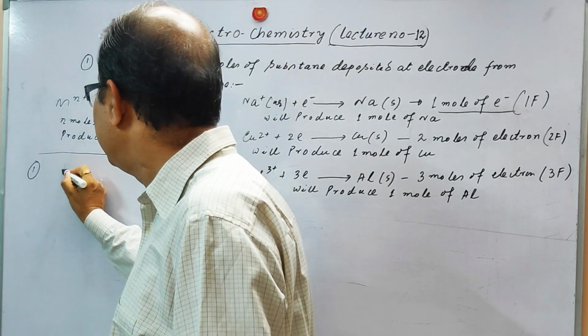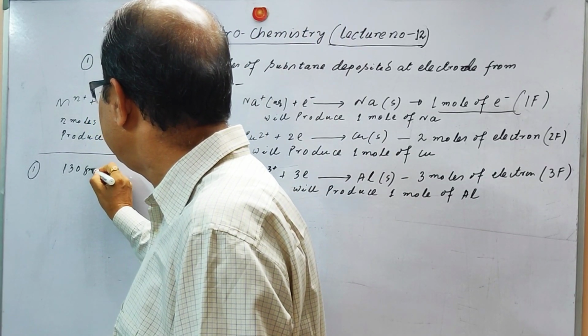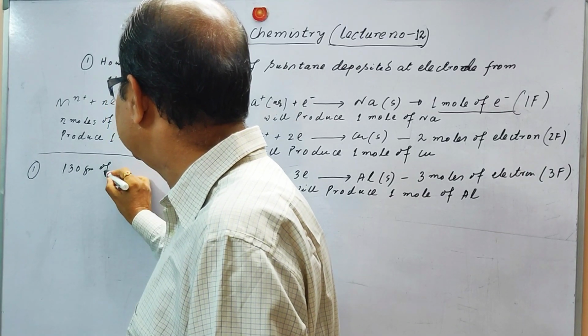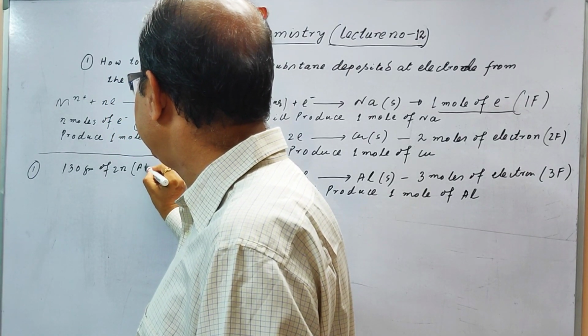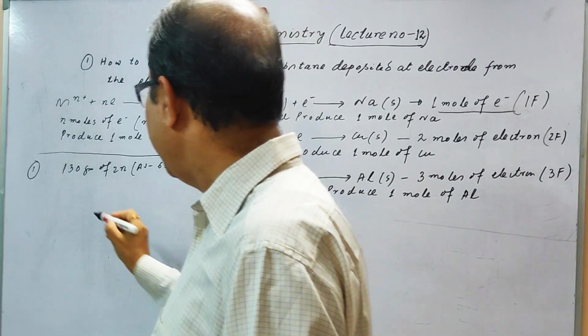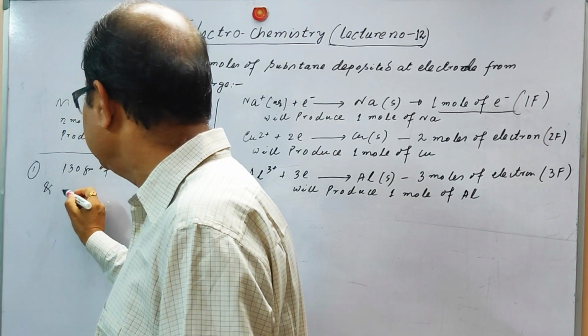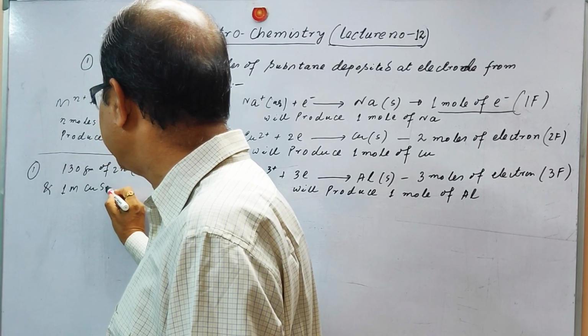So suppose we have taken 130 gram of zinc, whose atomic weight is 65, and 1 mole of copper sulfate solution.